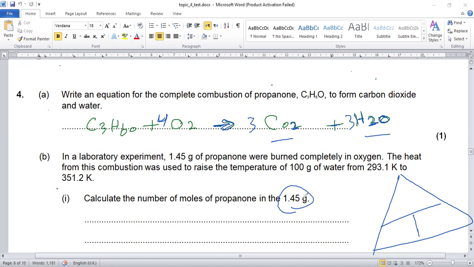So is it 1.45 divided by the molar mass of propanol? Carbon is 12, hydrogen is 1, oxygen is 16.